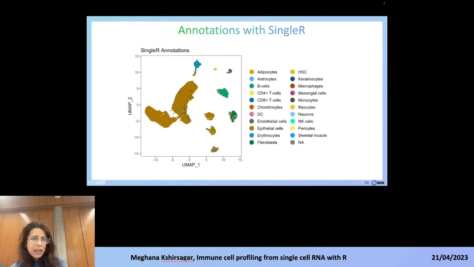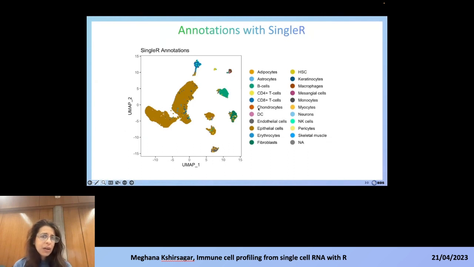When we did the annotation with SingleR, the number of cluster labels that it returns is what is shown over here, of which we were interested in the immune cell types. So we have B cell, CD4 T, CD8 T, macrophages, monocytes, which we are interested in. These are some categories of immune cells that were returned by SingleR.